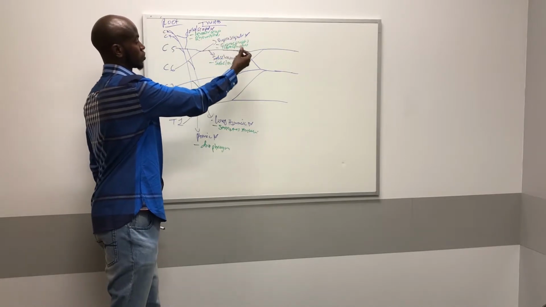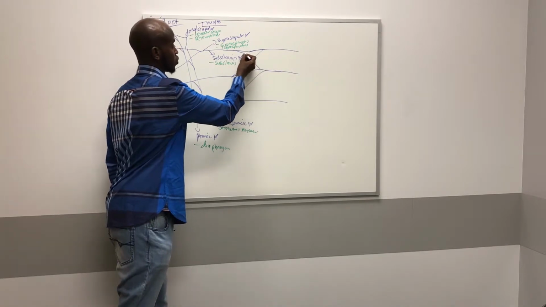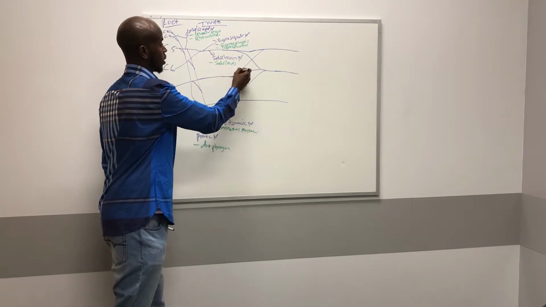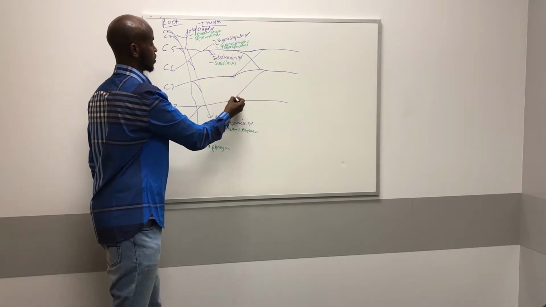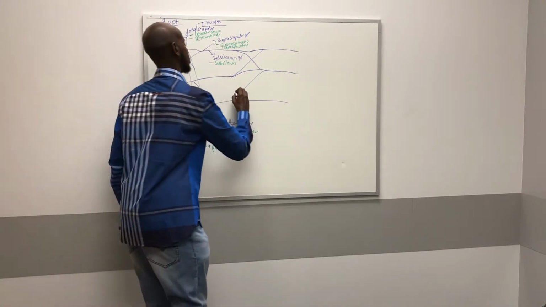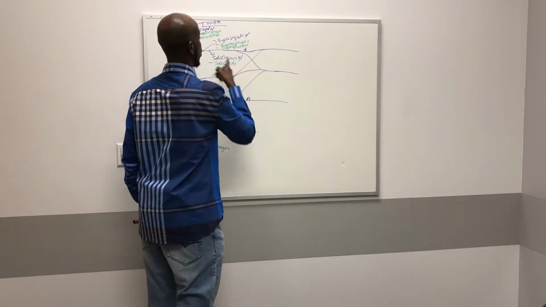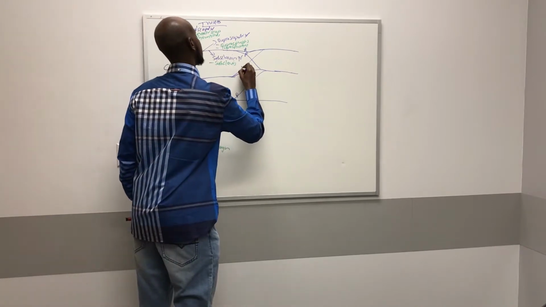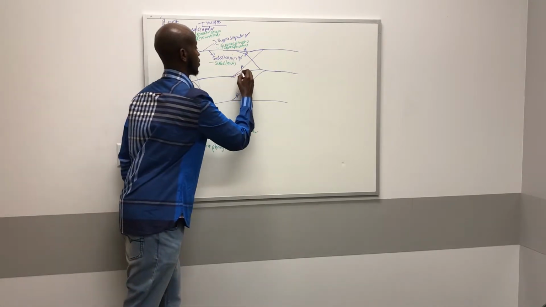Let's start with the superior trunk. The superior trunk divides into two, anterior division and posterior division. Similarly, the middle trunk is split into two, anterior division and posterior division. The inferior trunk also is split into two, posterior division and anterior division. So there is the anterior division of the superior trunk and the posterior division of the superior trunk, the anterior division of the middle trunk and the posterior division of the middle trunk.